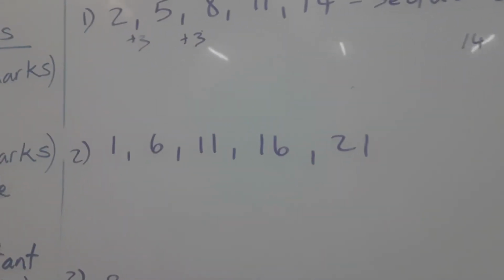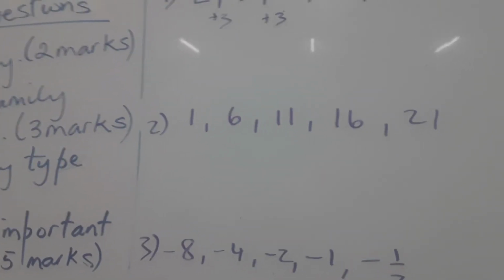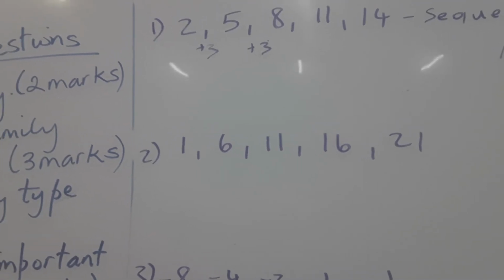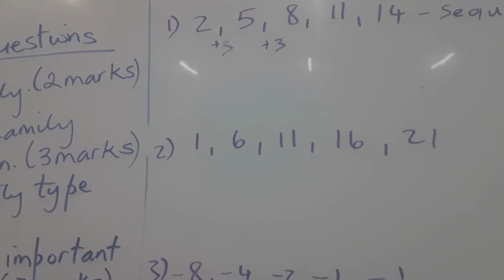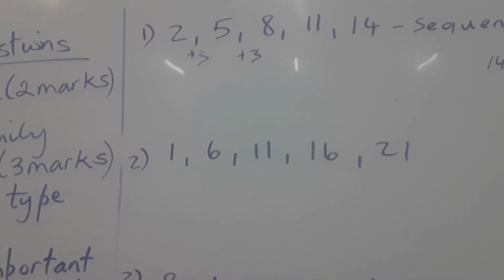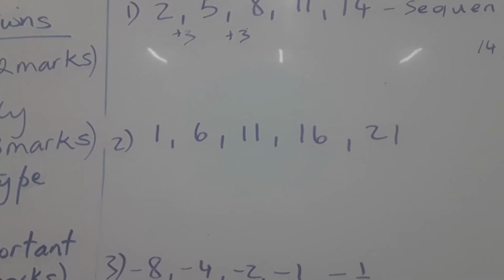Looking at our next example, we see the first term is 1, the second term is 6, the third term is 11. In just looking at the numbers, we see that they are increasing. We don't see the numbers decreasing in value, or any number being squared.